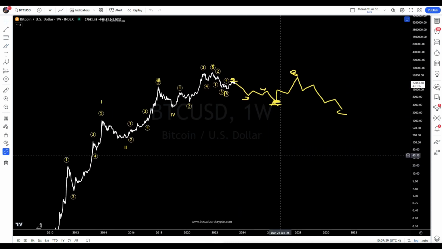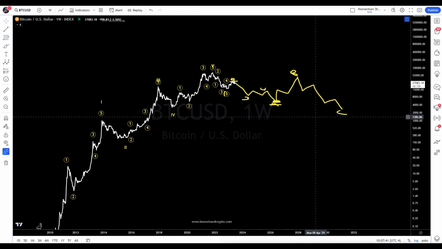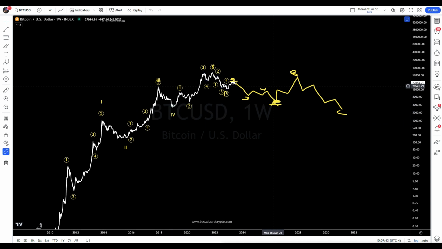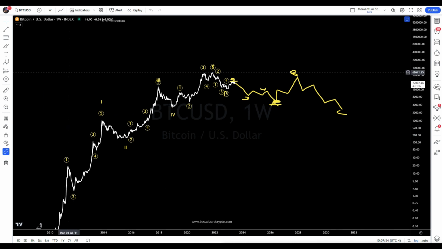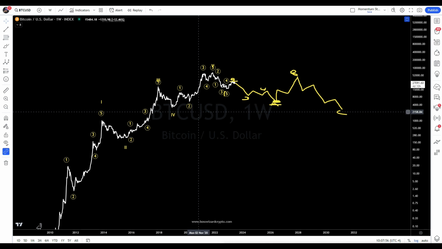But anyway, if this count is true, your target is somewhere around 2,500 bucks or something. Maybe that would be your target, but that would take a very long time to get there.